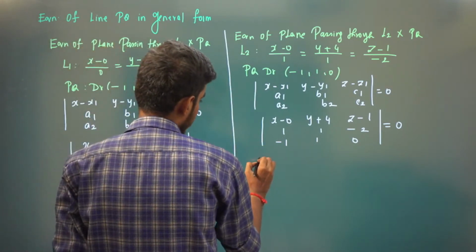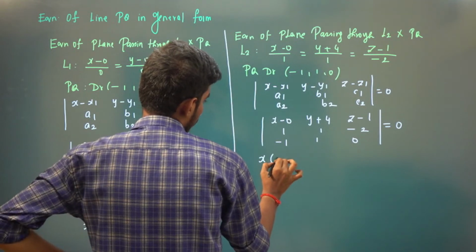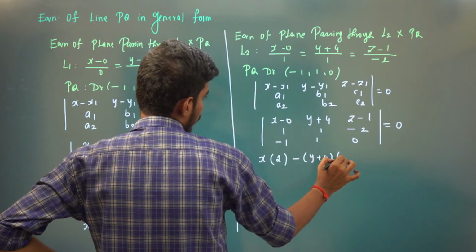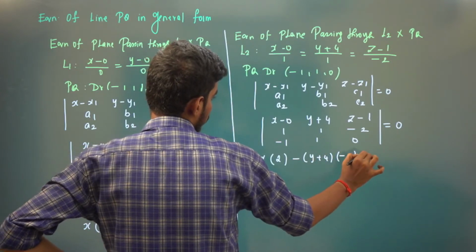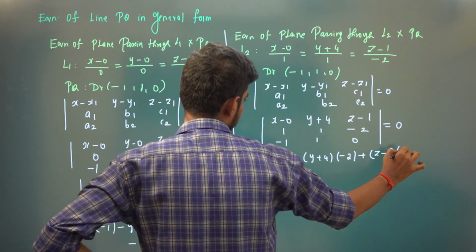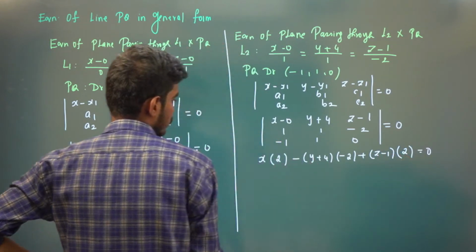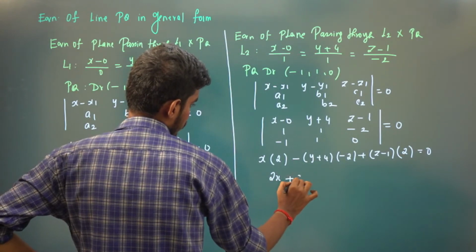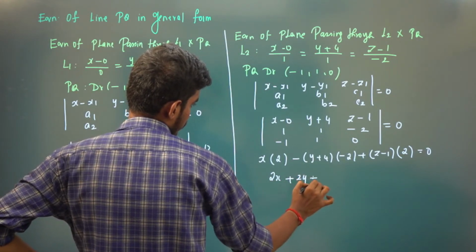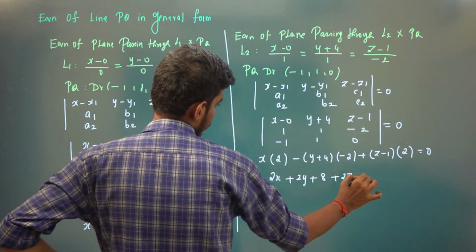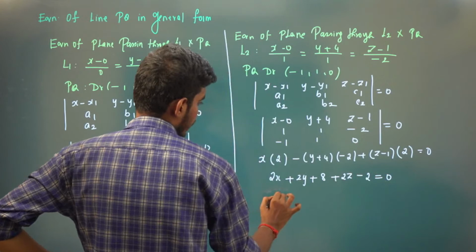So you will have x into 2, y plus 4 into minus 2. Check it once more, right?